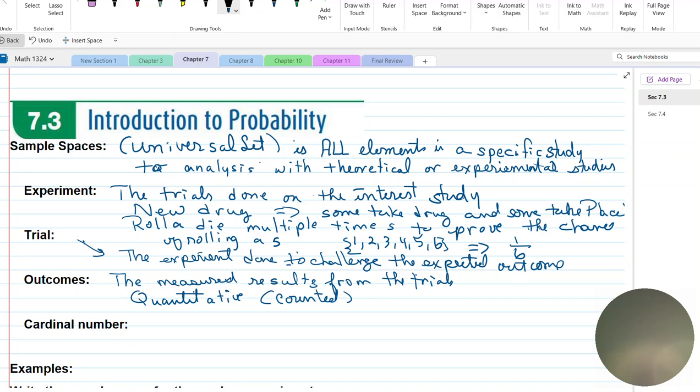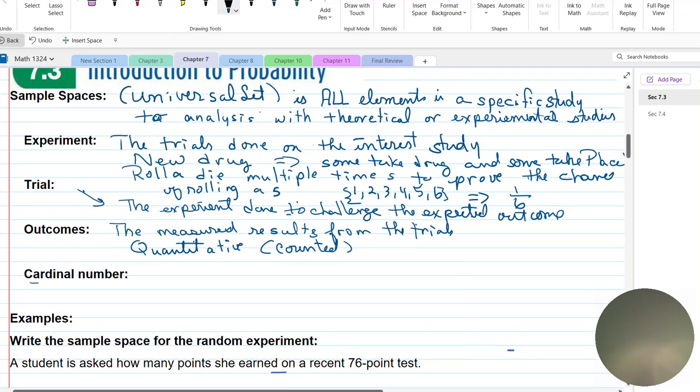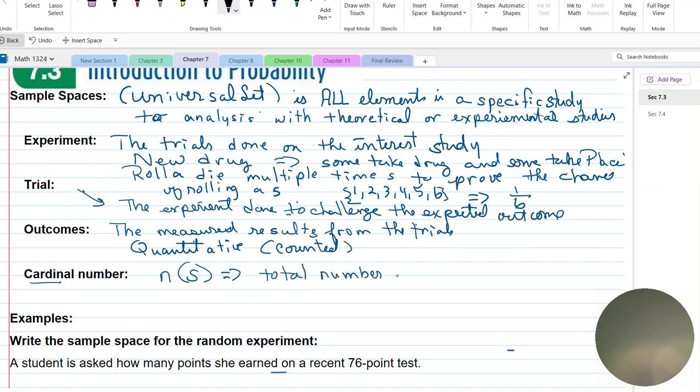All right. Cardinal number. The cardinal number is the little n in front of whatever the set is. And the cardinal number is the total number of trials. And that's very important. How many did we do to test? All right.